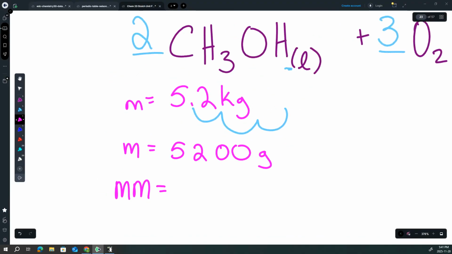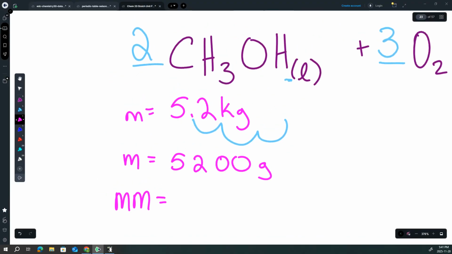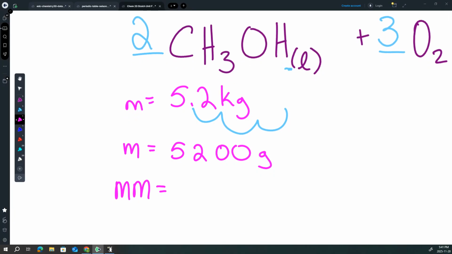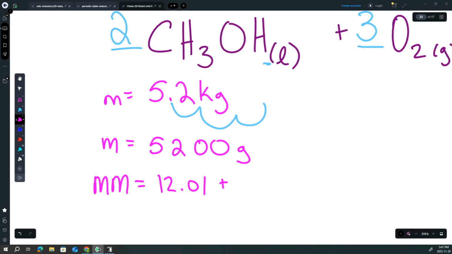For molar mass, we're just going to add up each element individually here. So we got carbon, 12.01. Then we have hydrogen, but there's 4 of them.